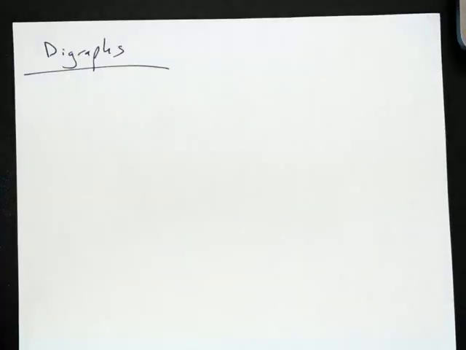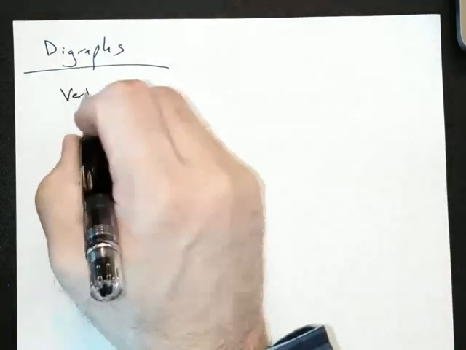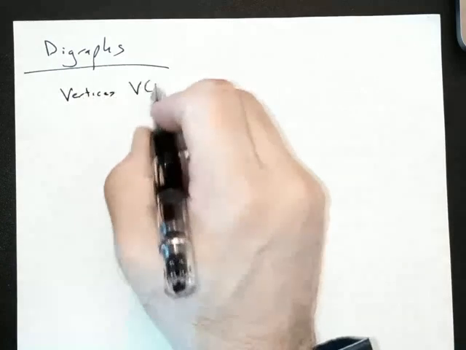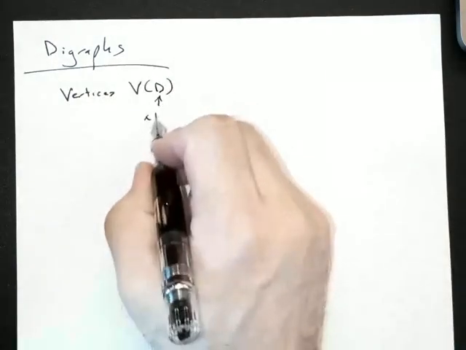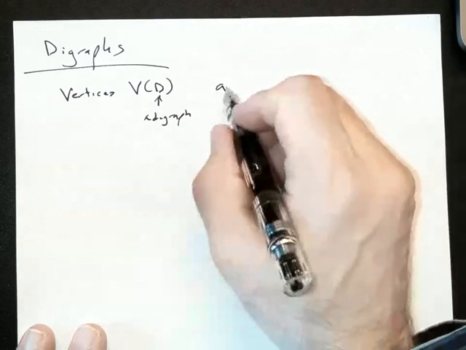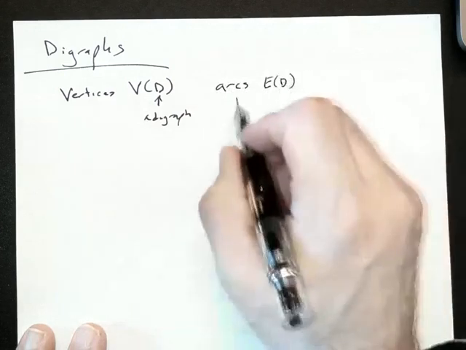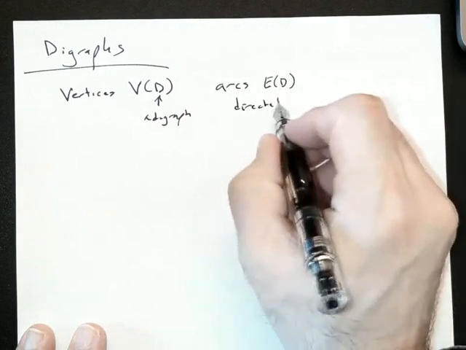All right, wait a minute. Let me go back to my definition. Almost always we label a digraph as D rather than G. So I have vertices, and instead of edges, we call them arcs, or directed edges.